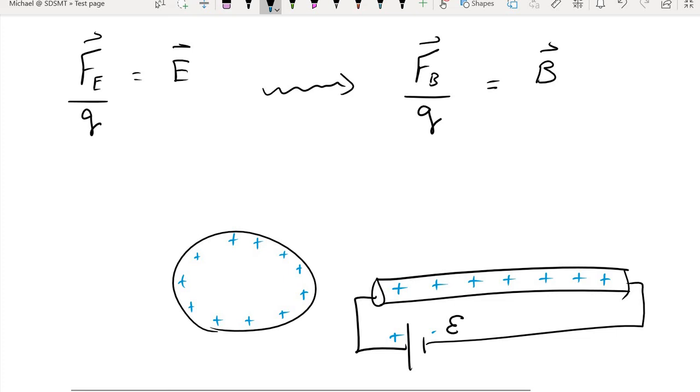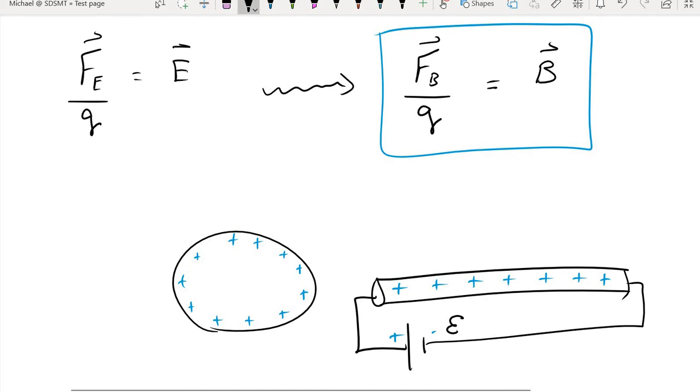And it's not until these charges start to move that we actually notice any of these magnetic effects. And so the one extra term that is missing from this expression up here is the velocity of the charge. And so we're going to have to include the velocity of the charge.